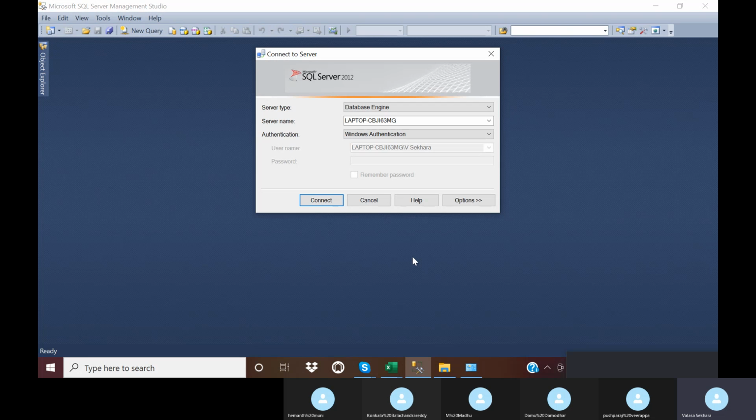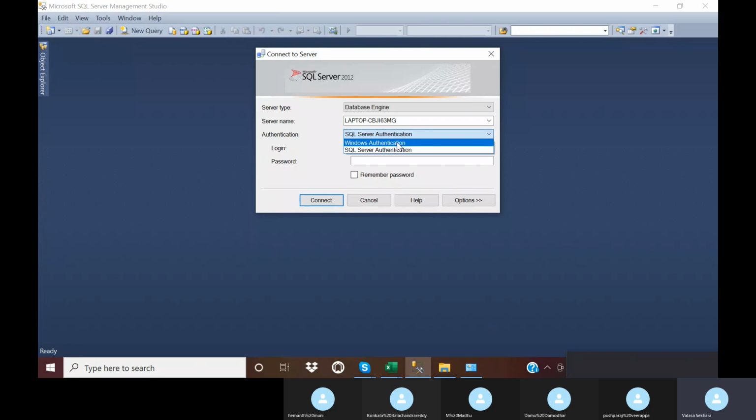Your local machine username and password are taken by default. SQL authentication means that while installing the server, we can set up a separate username and password for this particular machine.